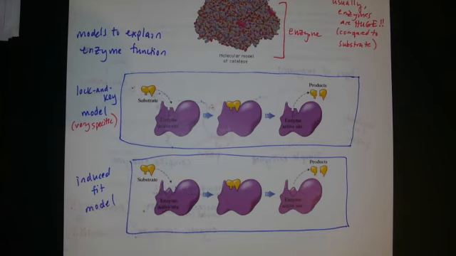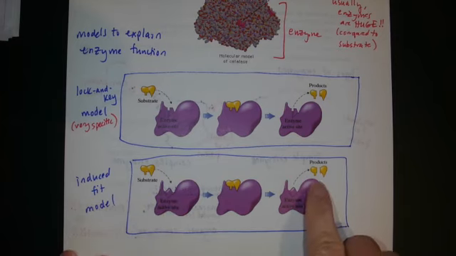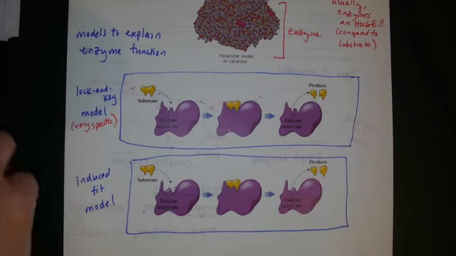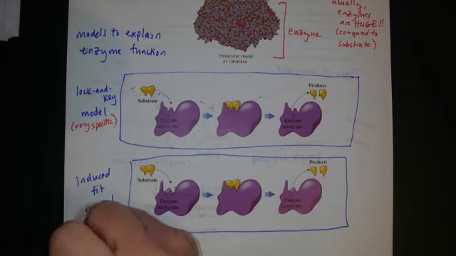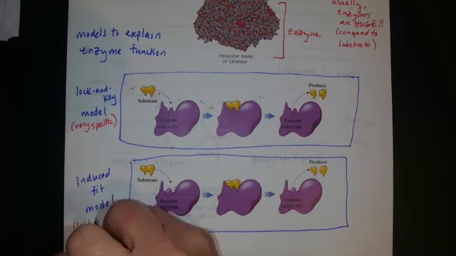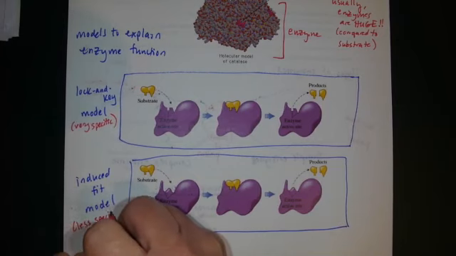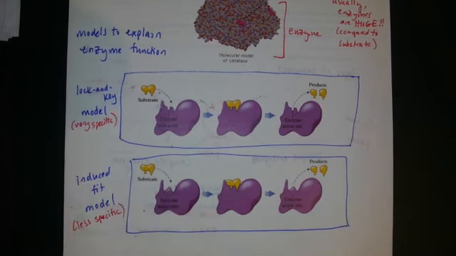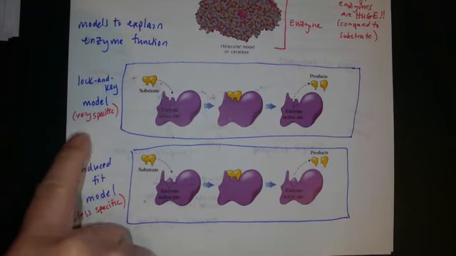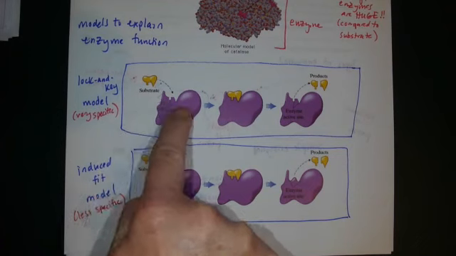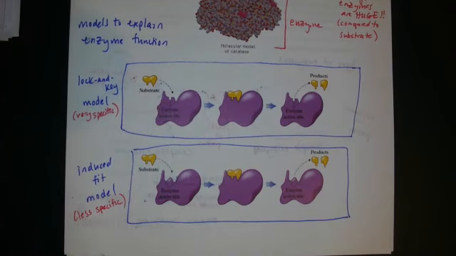That's what the induced fit model is. And again, you have products after the reaction has happened. So this is less specific. I won't say not specific at all, and we'll see examples on this next page of what I mean by less specific. There's still some specificity involved, but it doesn't have to be as exact. These are the two types of models that biochemists have come up with to try to explain how enzymes function.